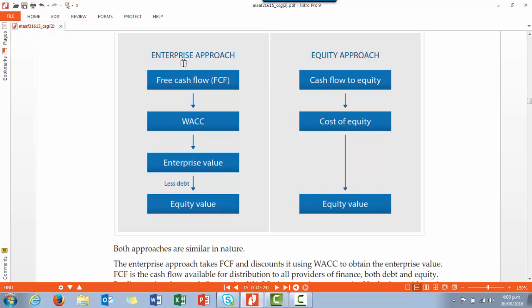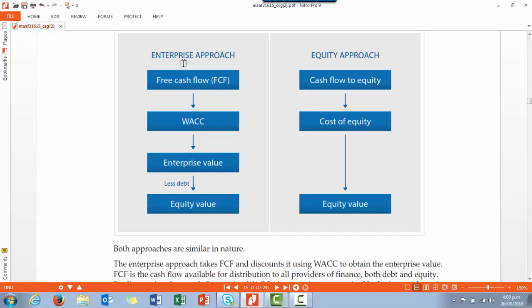Then we subtract the value of debt in order to get the value of equity. This is the most common or popular approach, the enterprise approach, when we're using the income-based valuation method. And secondly, we could use the equity approach, and we start off with cash flows related to equity, which is effectively the free cash flows less any interest costs.